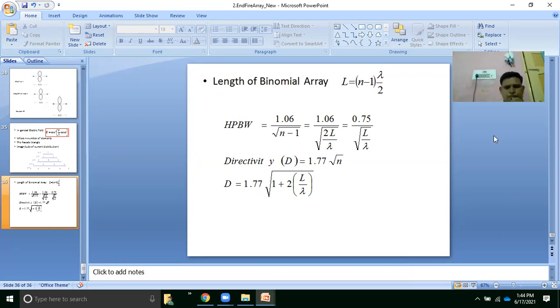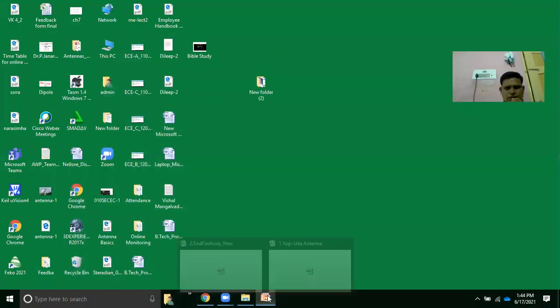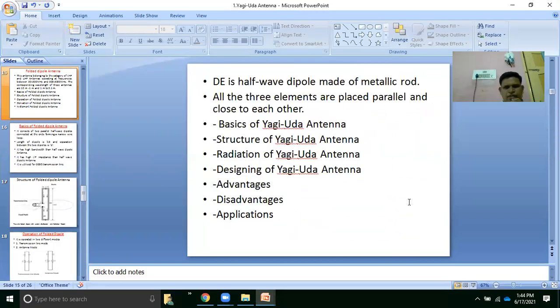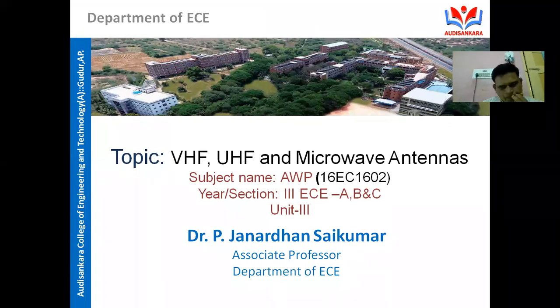Now we want to start our third unit. Yesterday I gave a brief introduction to the third unit. Here, we will discuss UHF, VHF antennas and microwave antennas. Based on the range of frequency, we can classify these antennas.